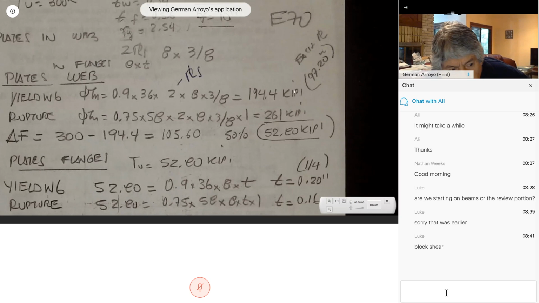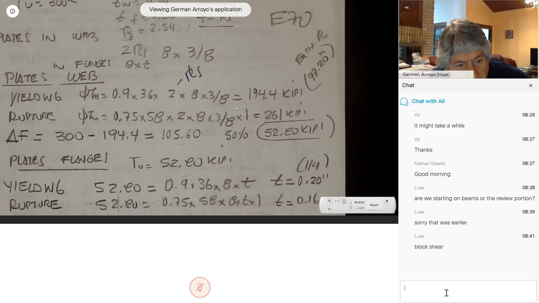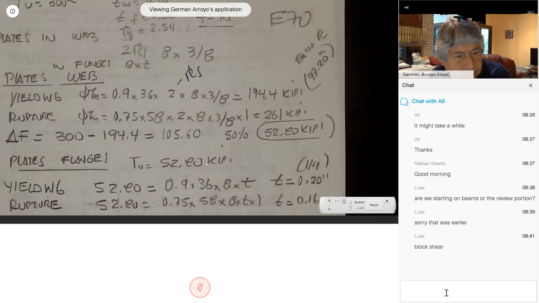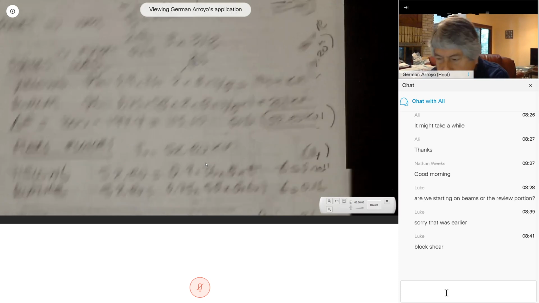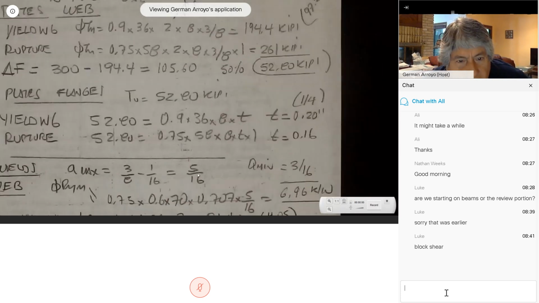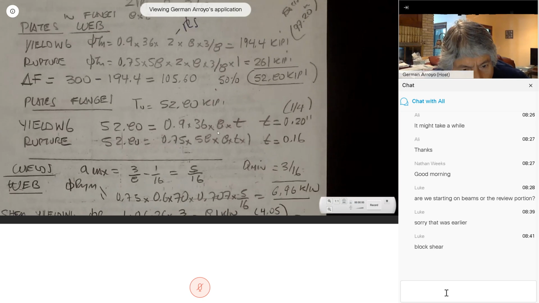The difference between TU and 194 is 105.60. This has to be resisted by the plates on the flanges, one on the top and one on the bottom. That's why I use 50%, 52.8. And I went to the flange. The plate in the flange, each one has to resist 52.80 kips.